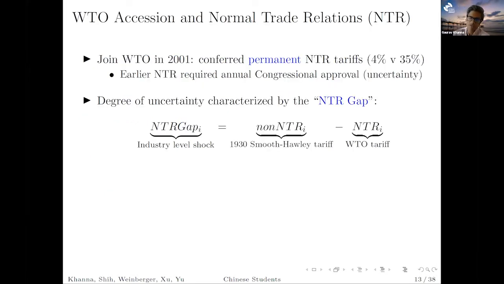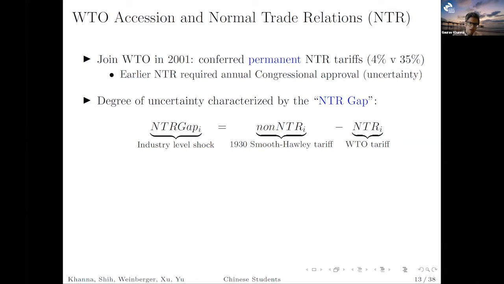Well, if you follow the China shock literature, you'll know this is the same strategy that the Pierce-Schott paper used. But essentially what happened was when China joined the WTO in 2001, they were conferred what we call permanent normal trade relation tariffs, right? So once you join the WTO, you know that permanently your products will face a much lower tariff.